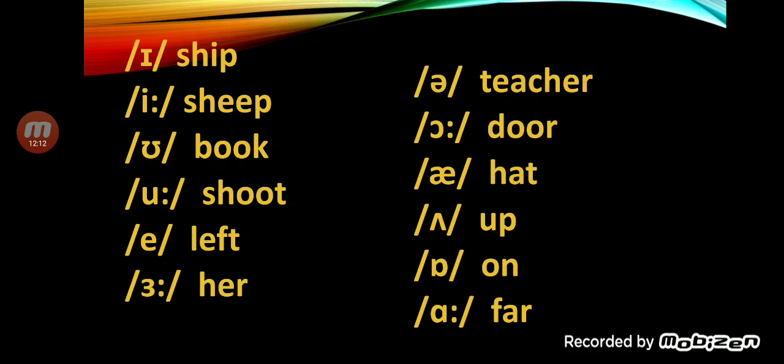The next vowel is the e sound. Though it is written like a small letter E, it is pronounced as e. Example: left, beg, met, bet. Then comes the next vowel, as in her.